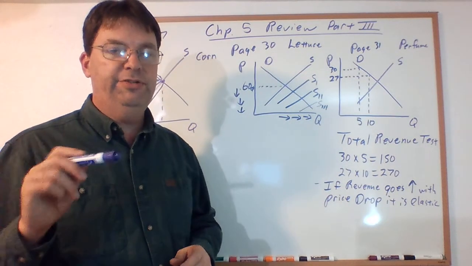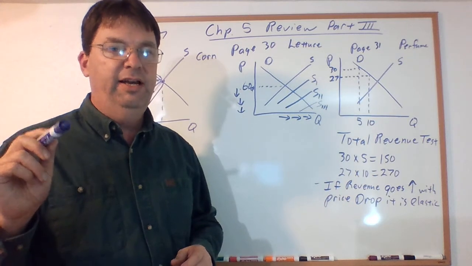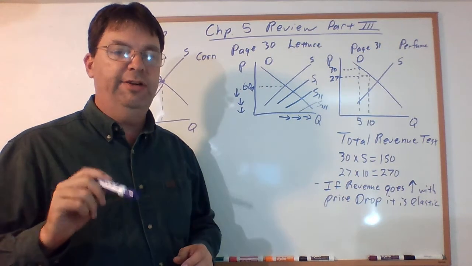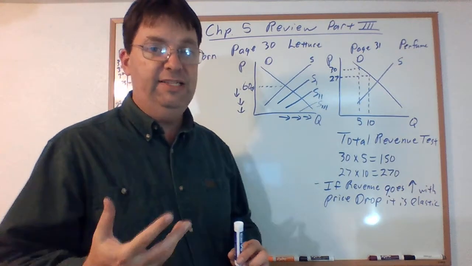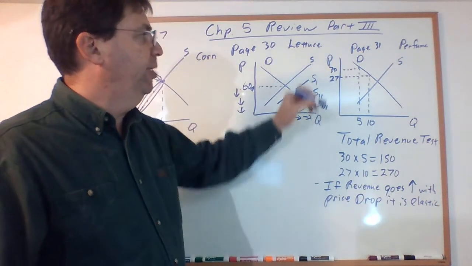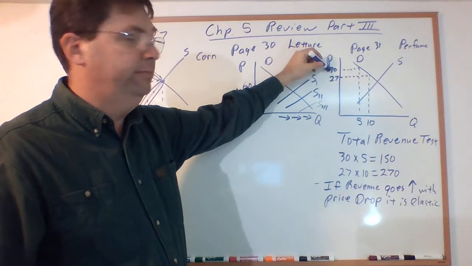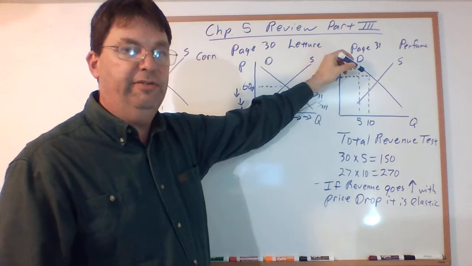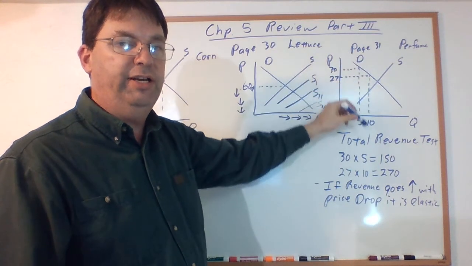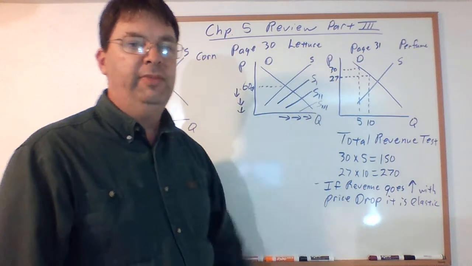So what you do here is you pick a price and you find how much money you're going to make at that given price. Now, I like to pick easy numbers. So I'll pick a number like 30. And at 30, if I go over to the demand curve, I'm going to go down at that point. I'm going to hit 5. Okay?